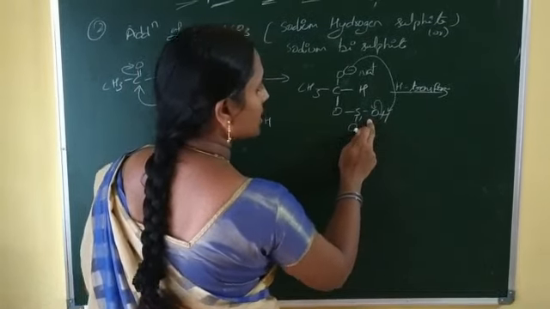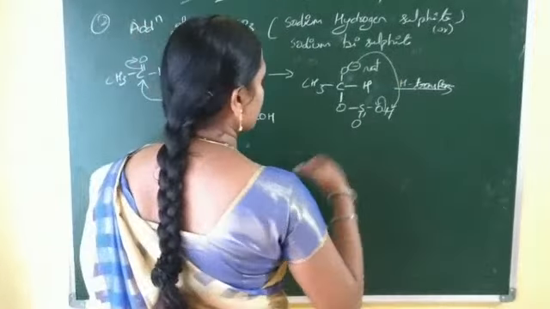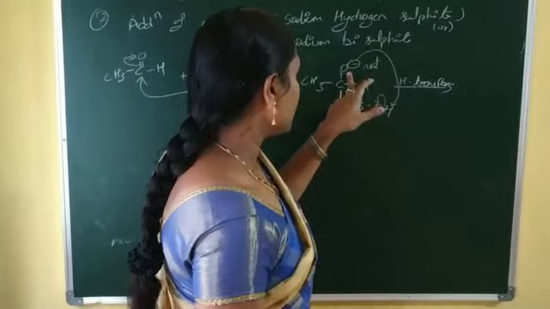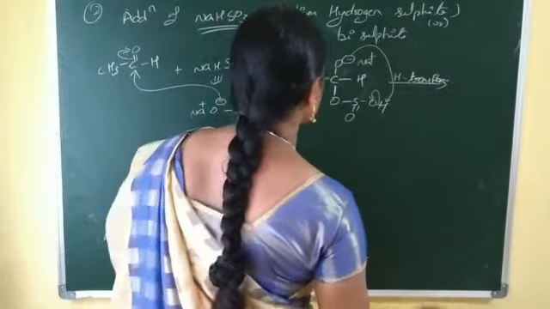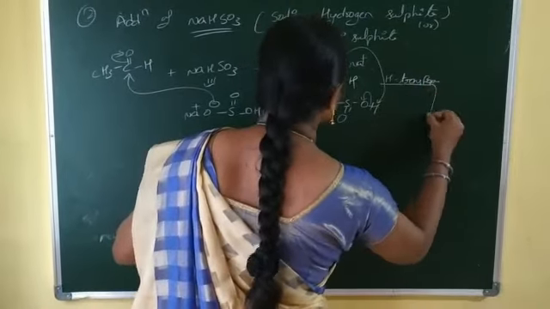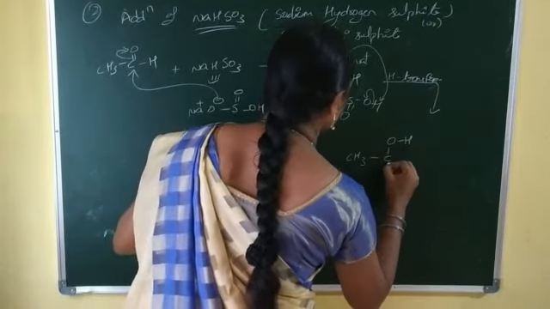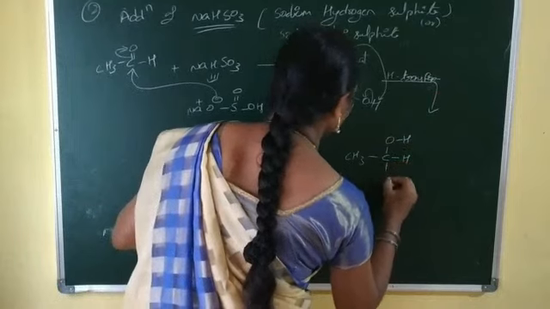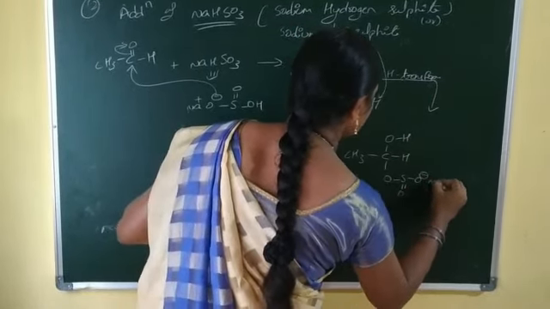This negative charge is partially bonded with Na plus. That means O minus is unstable compared with the sulfite ion. The product is CH3COH and again H and OS double bond O minus and Na plus.